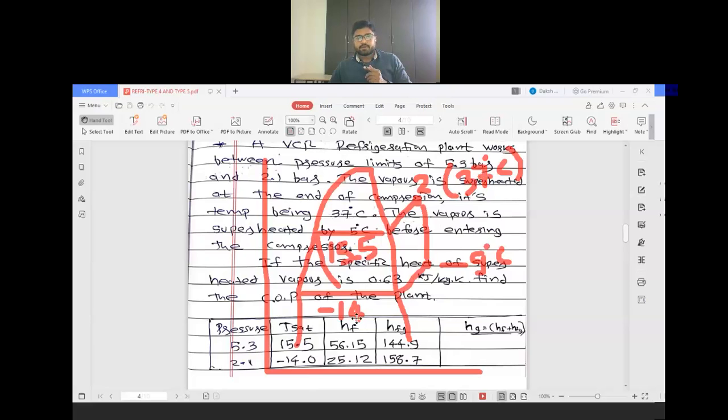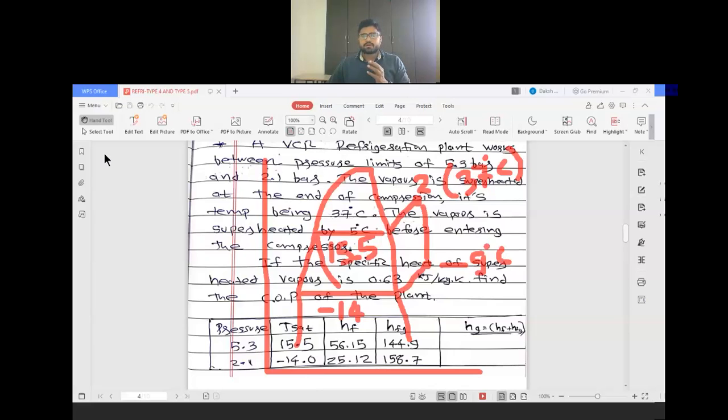Again I am repeating, 15.5 is T saturated condenser, 37 is T superheated condenser, minus 14 is T saturated evaporator, and minus 9 is T superheated evaporator. Clear? So you need to remember these.